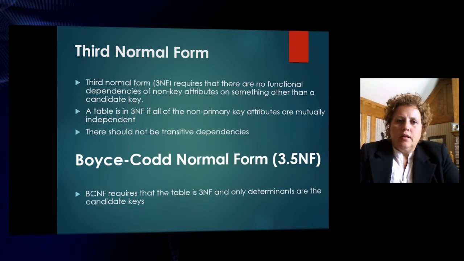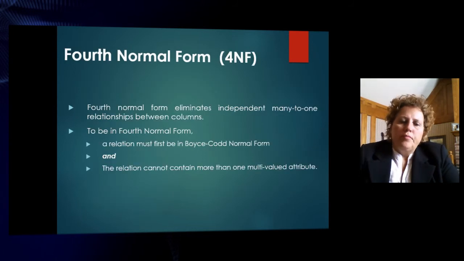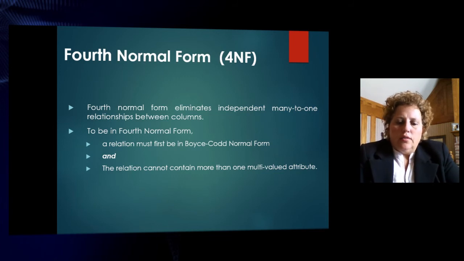Okay? Fourth normal form deals with, and again, fourth, fifth, and sixth normal form are not typical normalization tactics or rules that are followed. These are more rare than the third normal form.